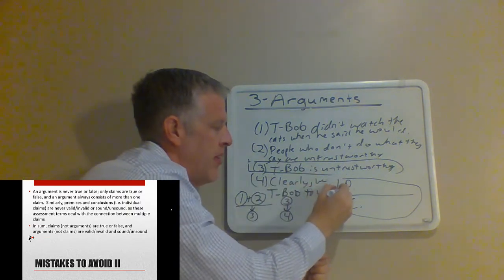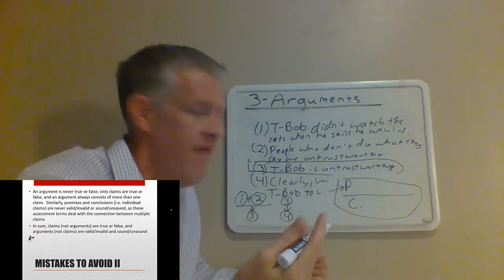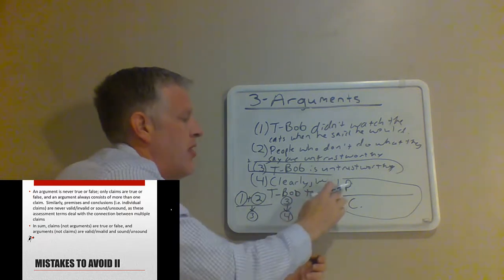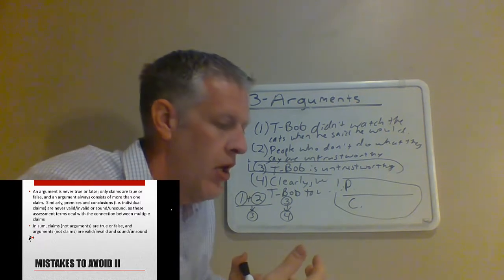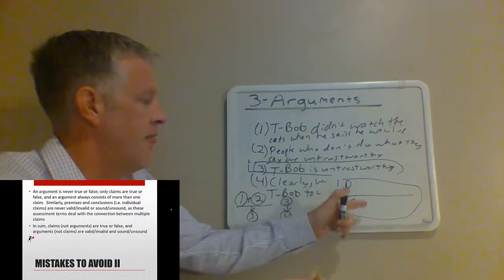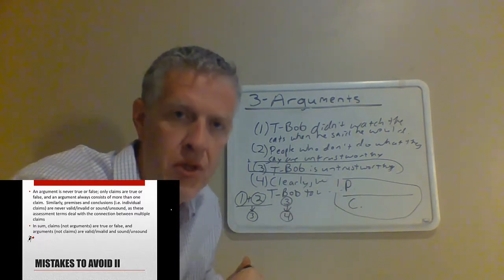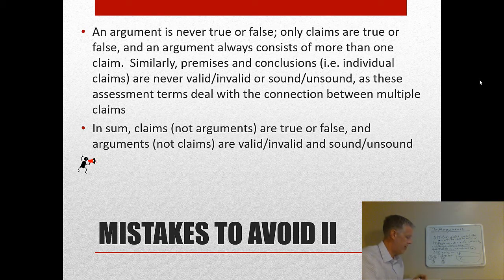It doesn't make sense to call the premise valid. You only speak of arguments being valid or invalid, cogent or not cogent. It doesn't make sense to say the conclusion was cogent. I just want to point that out. So in sum, claims and not arguments are true or false. And arguments, not claims, are valid or invalid, sound or unsound, strong or weak, cogent or not cogent.